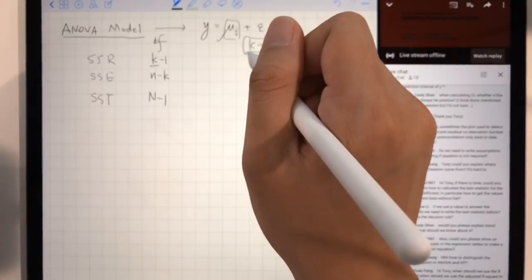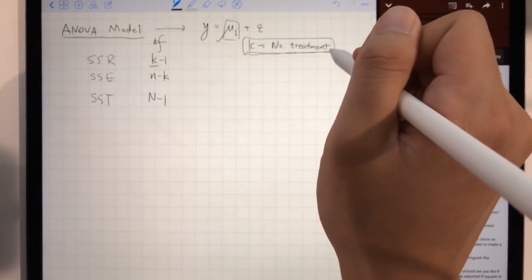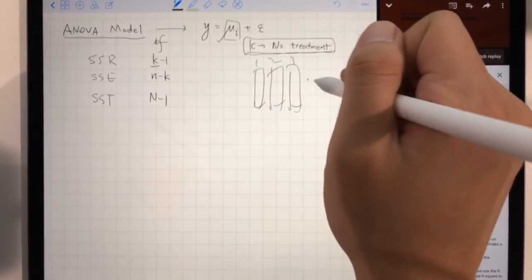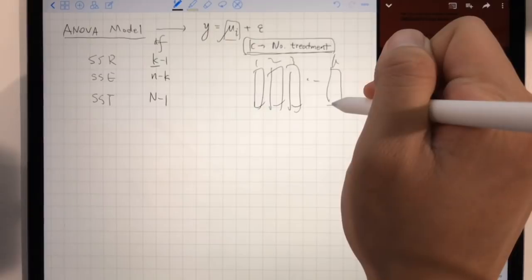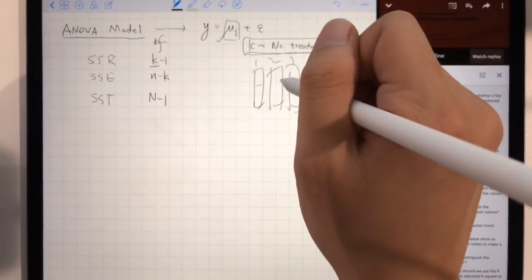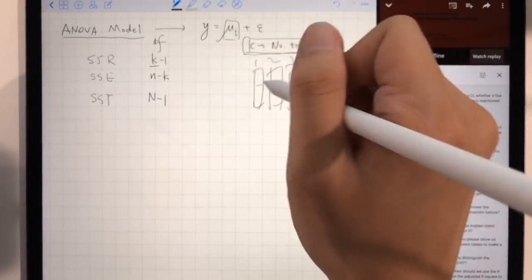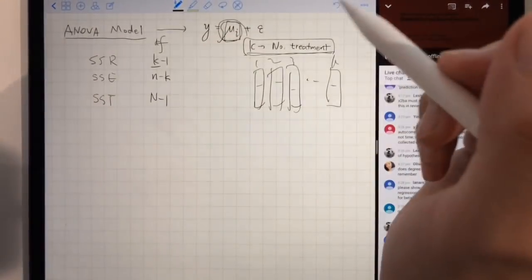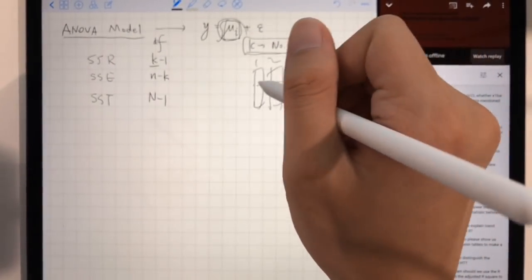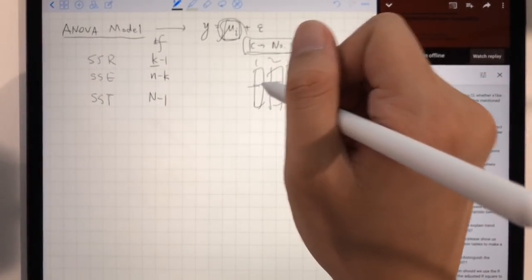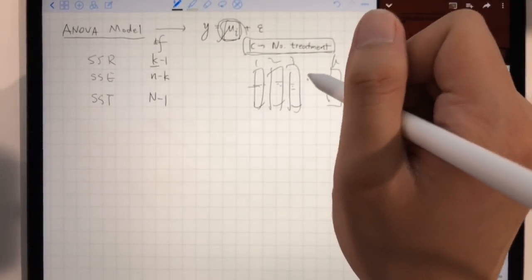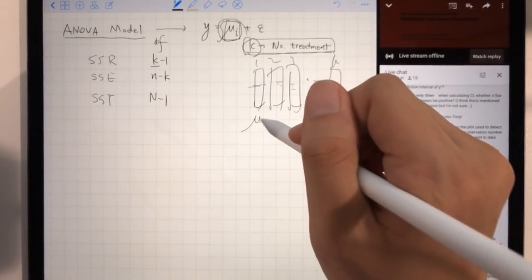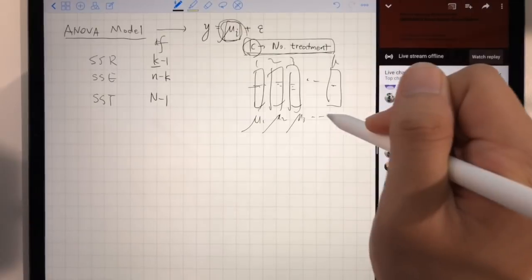If we have k treatments together, or k groups of data together, so this is group 1, group 2, group 3, and group k, in order to estimate every single group population mean, how many parameters do we need to estimate? K parameters, right? So we have group means mu1, mu2, mu3, and mu k.